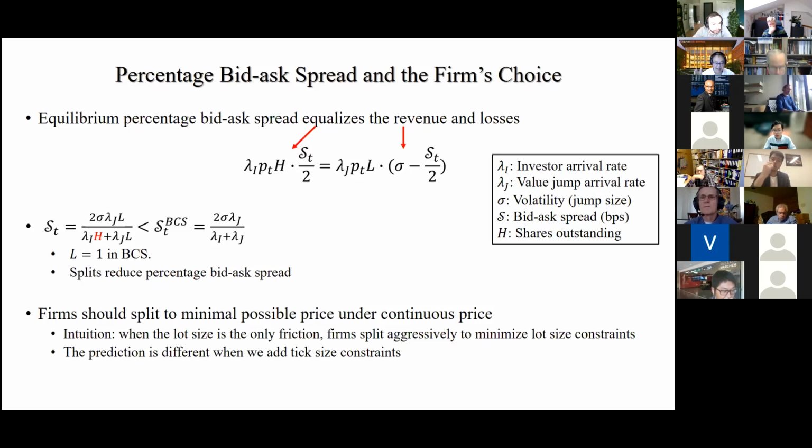Why? Because the split reduces the adverse selection risk of the market maker on the continuous price. On the continuous price, we have a very funny prediction, which I will explain later: the firm should split to the minimum possible price. But more realistically, when the tick size is not zero, that's a completely different story.